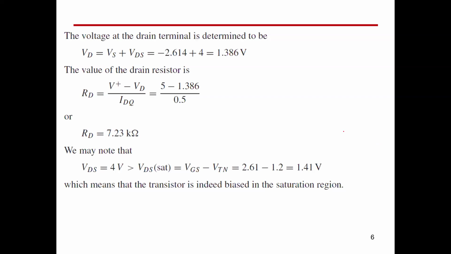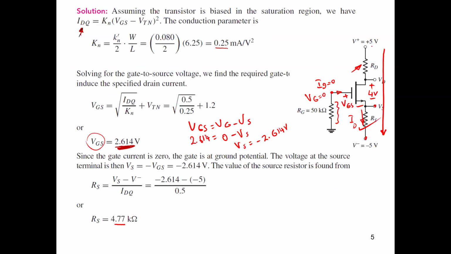So this is the next step. We can say VD equals VS plus VDS. Or this is another way. He calculated here in the textbook from this point only. You know the potential of this one? Okay.